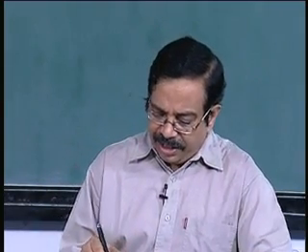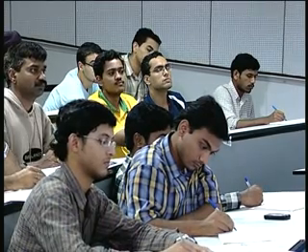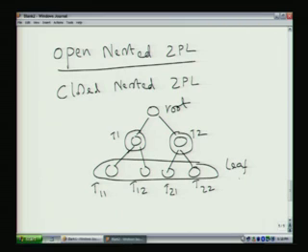That means only the leaf nodes are allowed to modify or process the data items. If you allow the intermediate nodes also to do this processing, then it becomes an open nested 2PL. And if you put the restriction that only leaf nodes can do the processing on the data items, it becomes a closed nested 2PL.